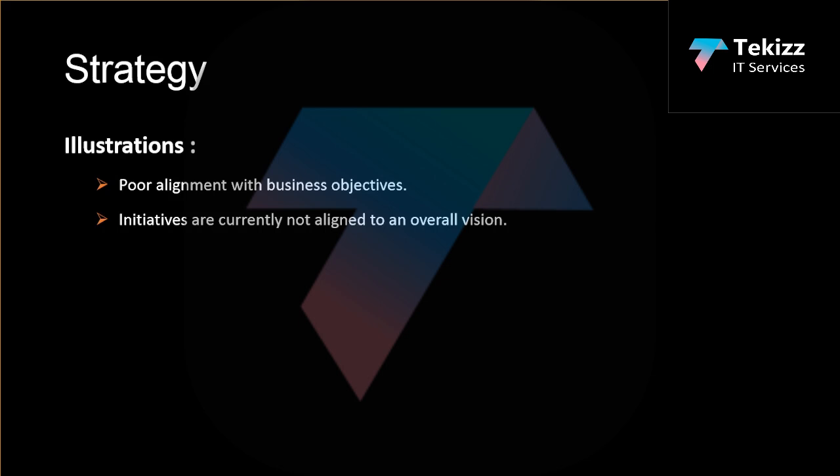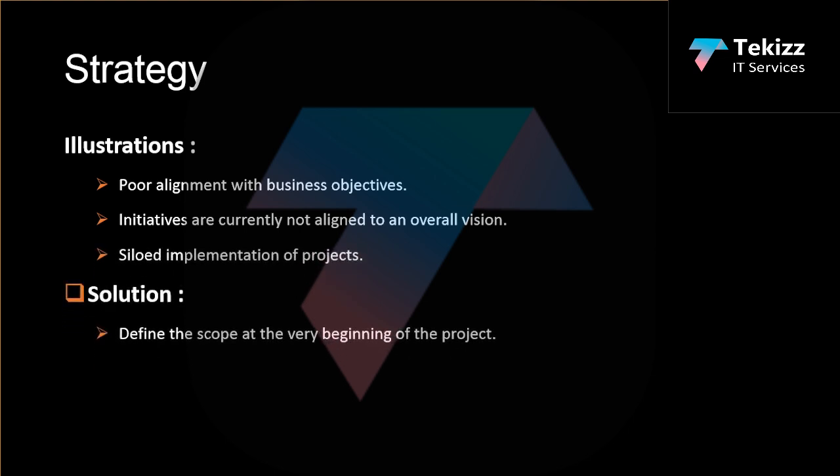Suppose we have an overall vision, that is our company's goal, and we have some initiatives which do not lead us to achieve our company's final goal. That could be a serious business problem. And the siloed implementation of a project could also be a strategic business problem.